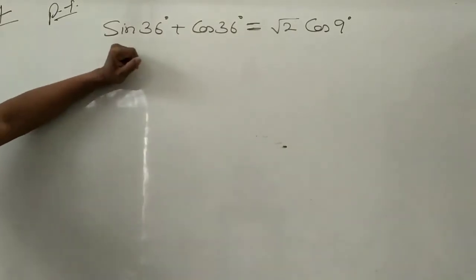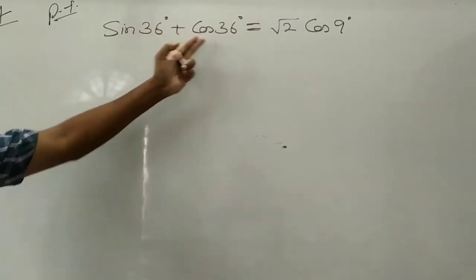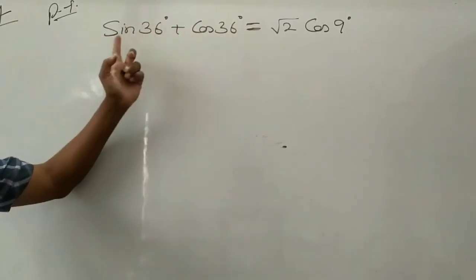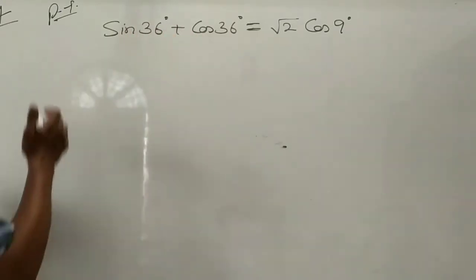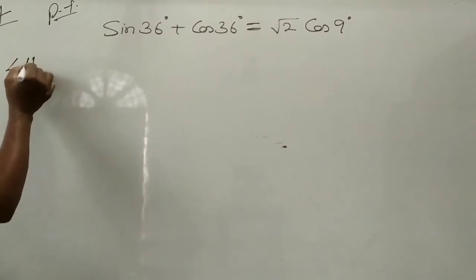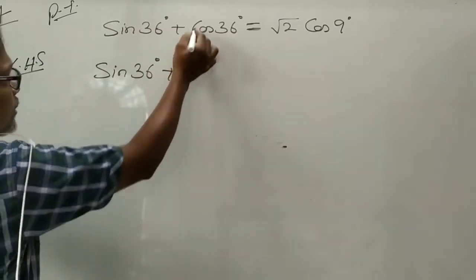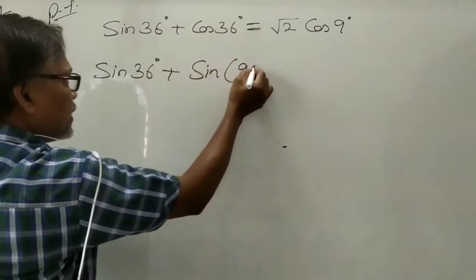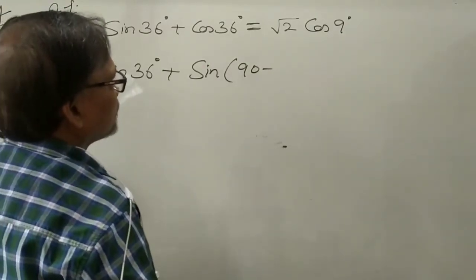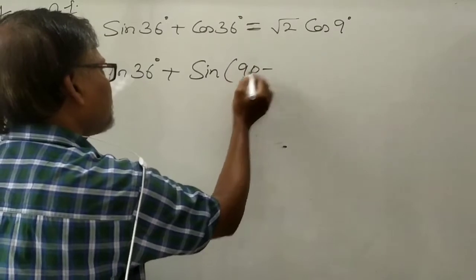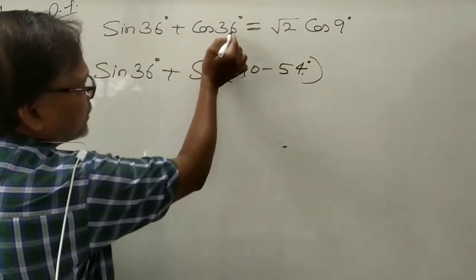I told you the formula only using the same type of trigonometric function in the sum. जैसे ये sin है तो ये भी sin होना चाहिए, ये cos है तो ये भी, but here there are two different trigonometric functions. First of all, you have to change it into one trigonometric function. Which formula? अगर ये cos 36 है, can you write it as cos (90 minus 54), because 90 minus 54 is 36.